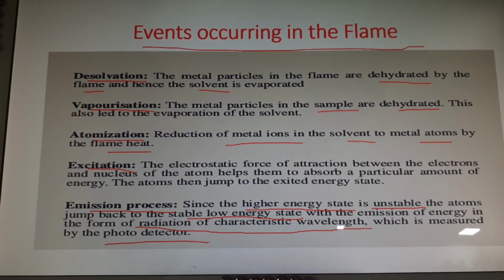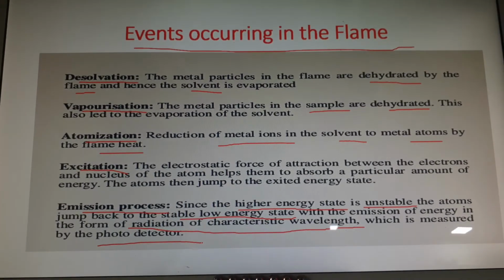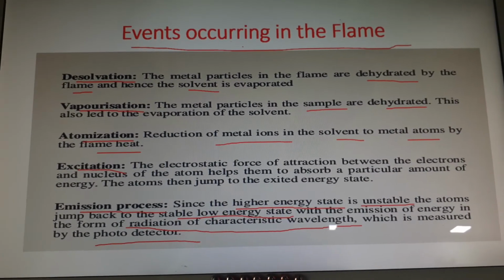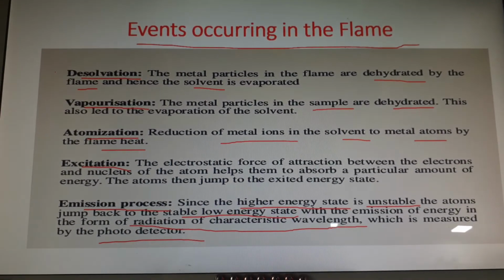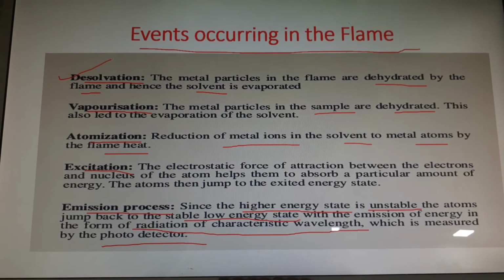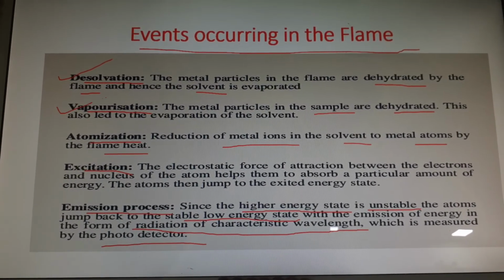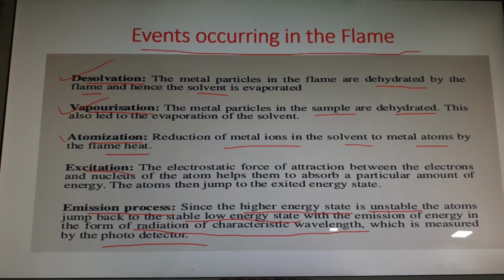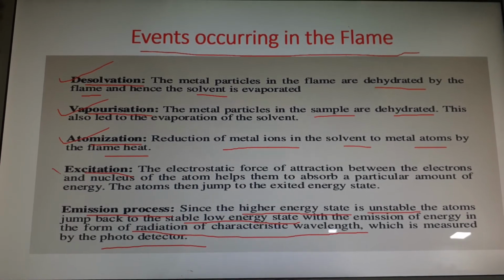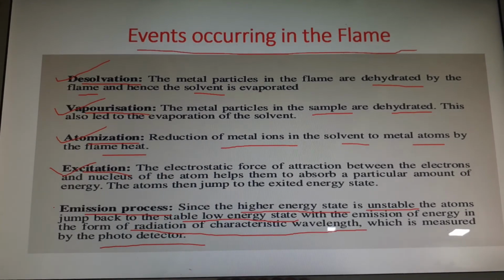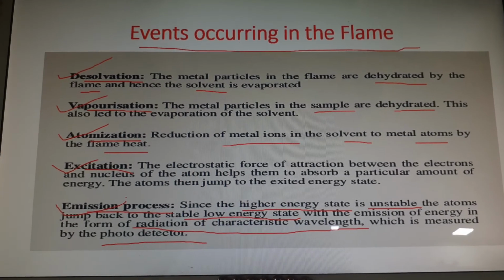Okay, these are the various steps involved in flame emission: the first is dissolution, second is vaporization, third is atomization, next is excitation, and the last is the emission process.